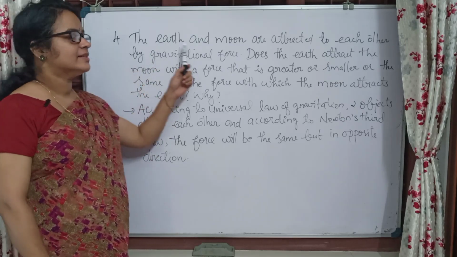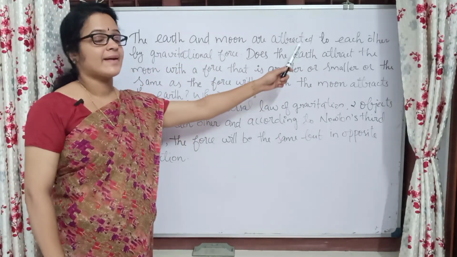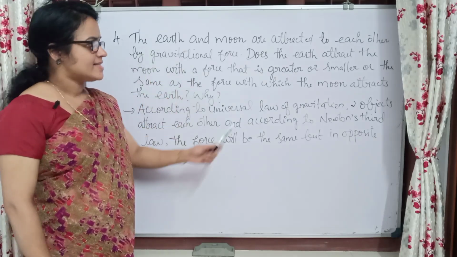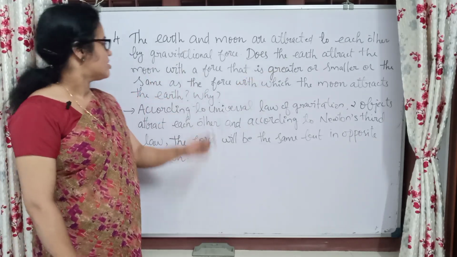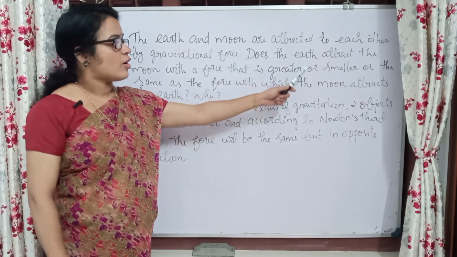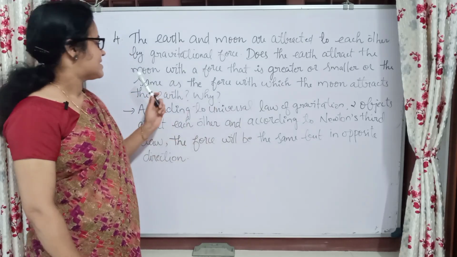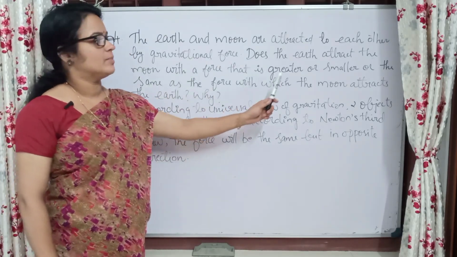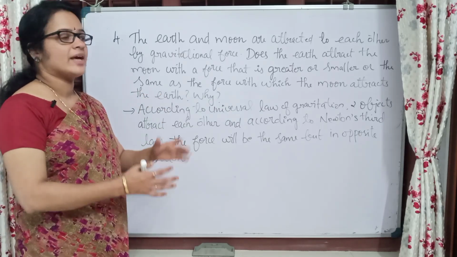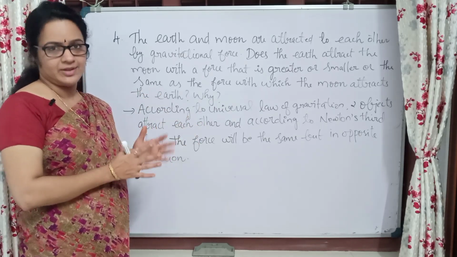The question is, the earth and the moon are attracted to each other by gravitational force. Does the earth attract the moon with a force that is greater or smaller or the same as the force with which the moon attracts the earth? Why? The question is, moon and earth are attracted to each other, that we know.